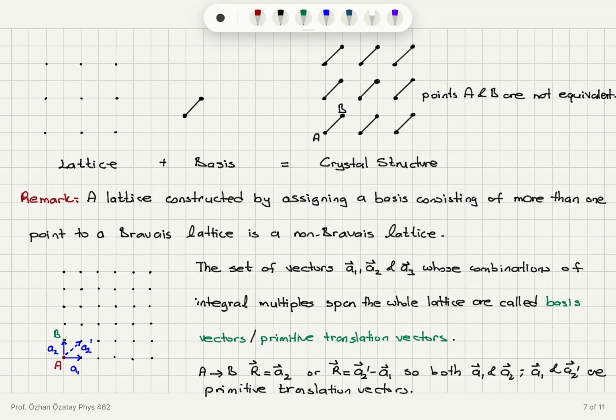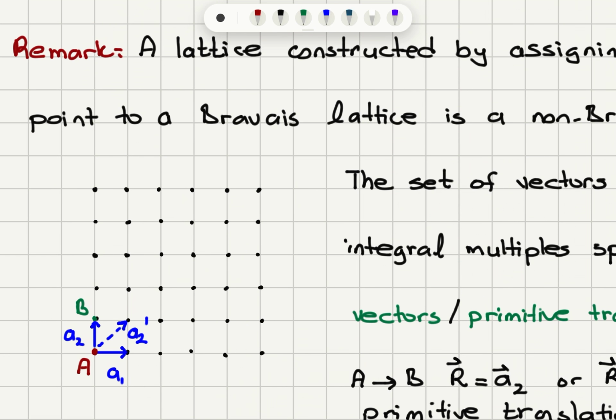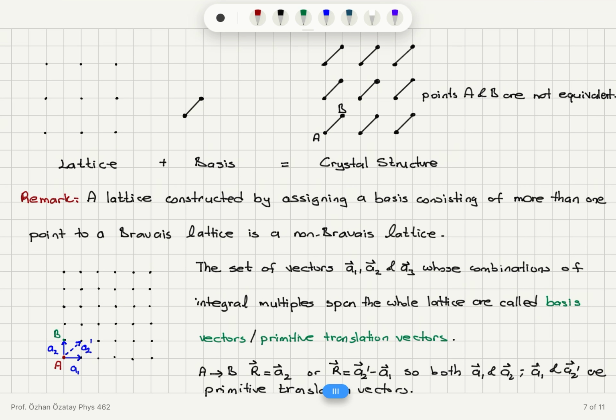Now, the set of vectors a1, a2, and a3, whose integer combinations will span the whole lattice, are called basis vectors or primitive translation vectors. So here is my square lattice again. I can think of two basis vectors a1 and a2 in order to travel between lattice points, or I can use a1 and a2 prime, which is the diagonal vector. So these primitive translation vectors or basis vectors are not unique.